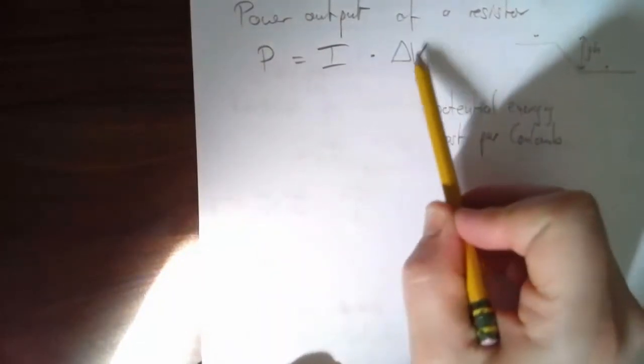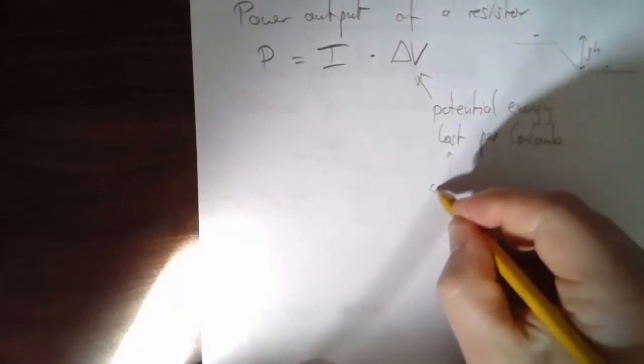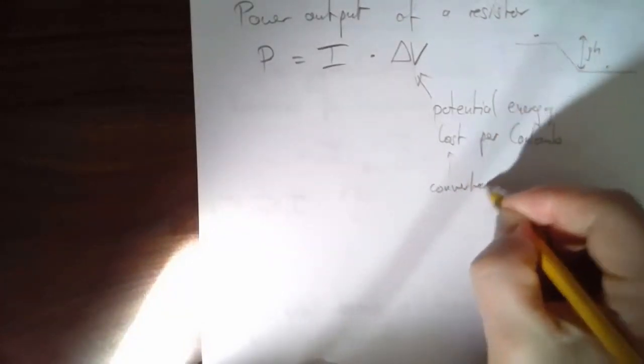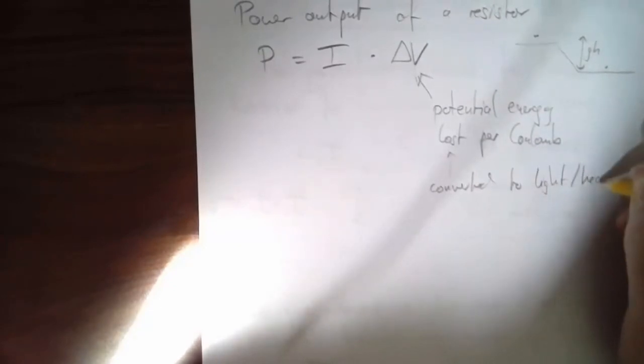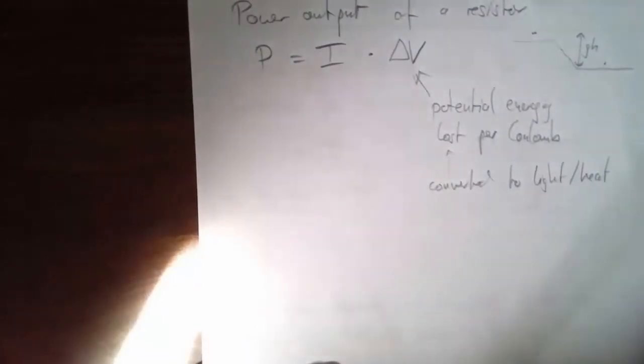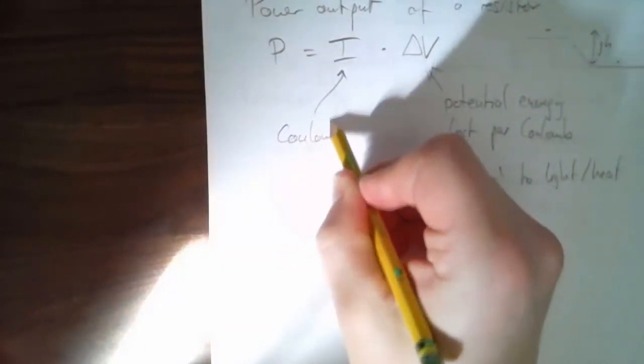So this is the potential energy lost per coulomb, and when I say lost, I mean converted to things like light and heat. Possibly other things, but mostly those. Mostly heat, actually. And then what's the current? The current's telling me how many coulombs I get through the thing per second.